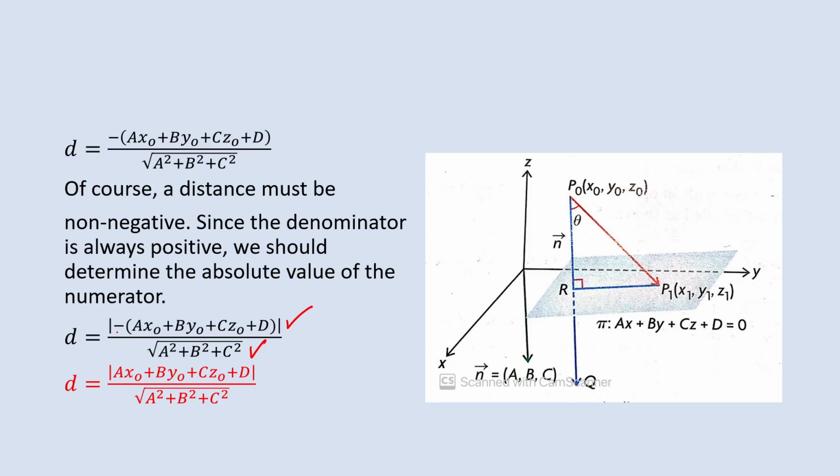But since we're putting the absolute value around negative 1 times a quantity, instead we can just put the absolute value around the quantity that's in the bracket. So what we have is absolute value of ax naught plus by naught plus cz naught plus d over the square root of a squared plus b squared plus c squared. And that is the formula that we were seeking to prove.